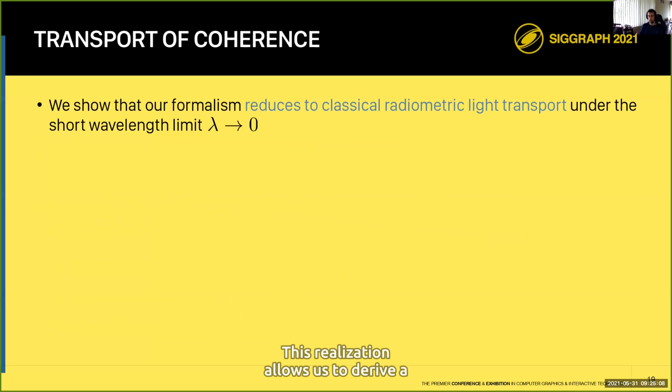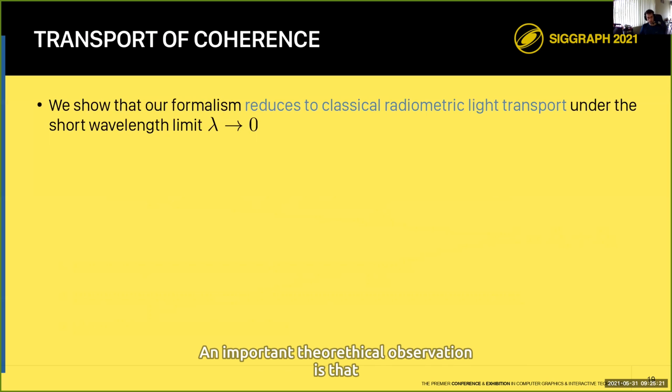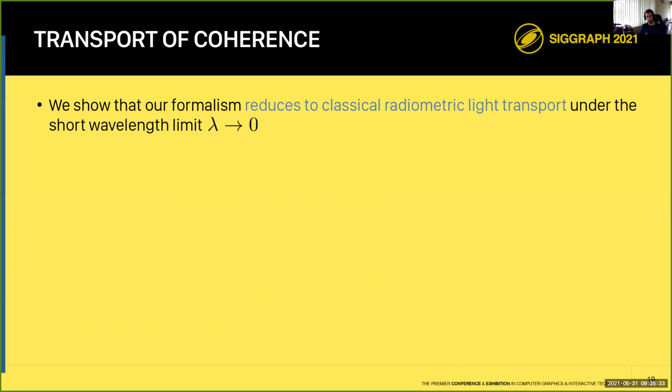This realization allows us to derive a formalism of light transport that is driven by a linear transport equation and is fully consistent with classical electromagnetism. An important theoretical observation is that our formalism generalizes classical light transport in the sense of the short wavelength limit. We formally prove so in the paper.